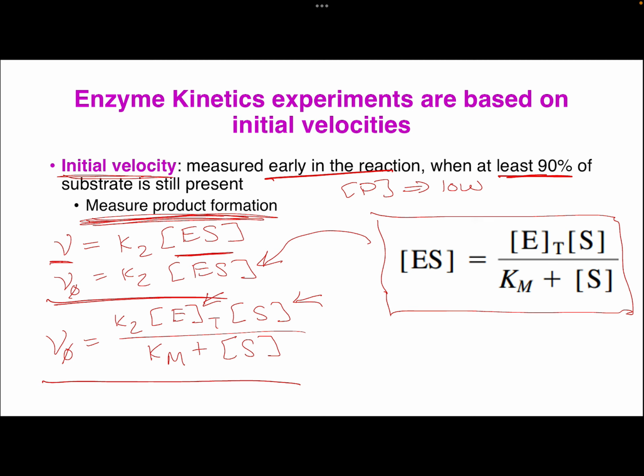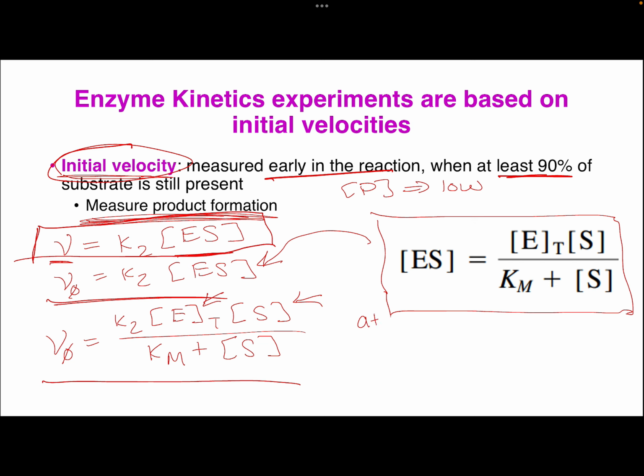But let's go back here for a minute, because I promised you at the beginning that we would be relating initial velocity to maximum velocity. All right, so how do we do that? To do that, we need this equation. And we need to think about what's happening when we are at maximum velocity.